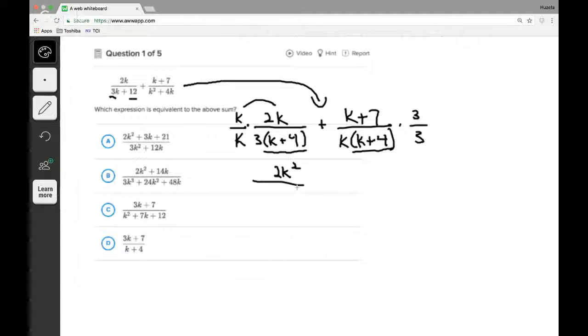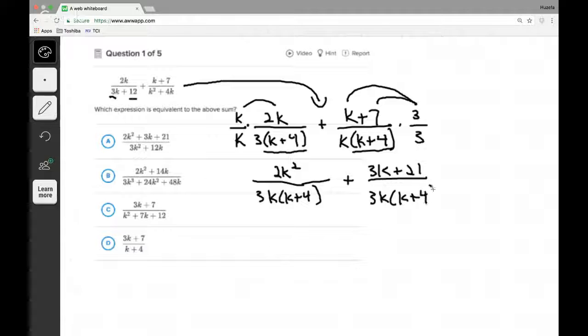On the bottom, we've got this really nice 3k times k plus 4 denominator, which is what we were shooting for. Over here, let's distribute the 3 to both the k and the 7. We get 3k plus 21 over, again, our nice denominator, 3k times k plus 4.